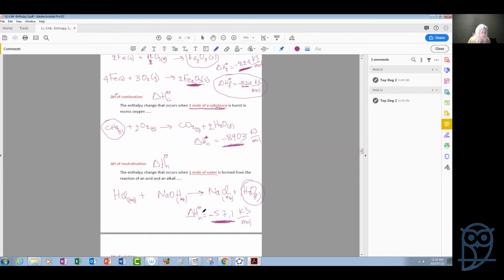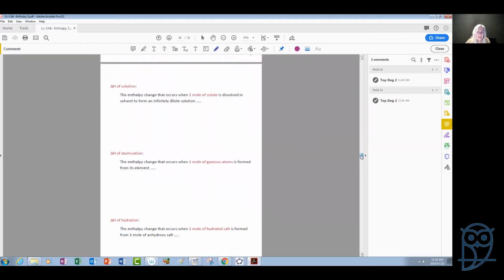Okay, so similarly, we have standard enthalpies of solution, which is the enthalpy change that occurs when 1 mole of solute is dissolved in solvent to form an infinitely dilute solution. And then the standard enthalpy of atomization is when 1 mole of gaseous atoms is formed from its element, and so on.